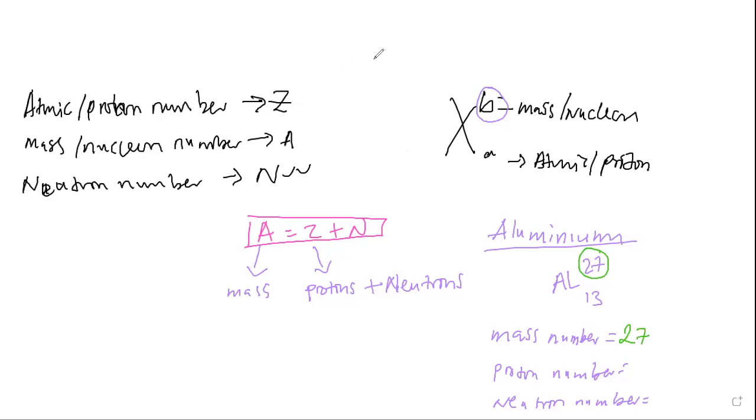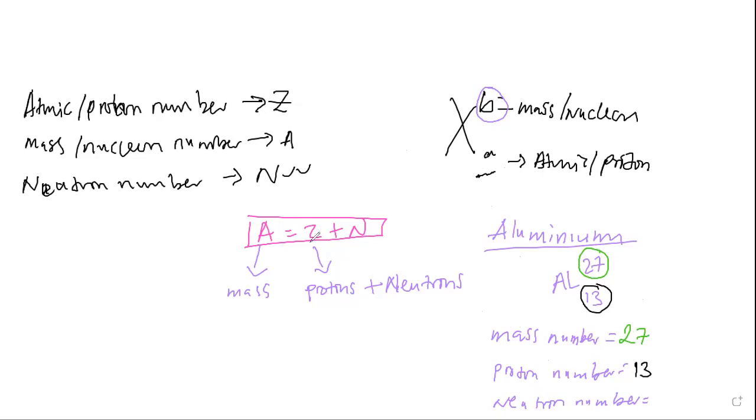Okay, then to get the proton number, we said the proton number is just the number found down here, which we are going to write there, 13.